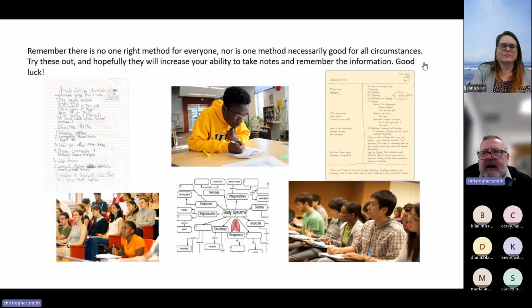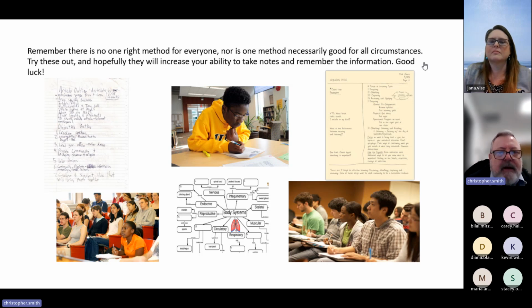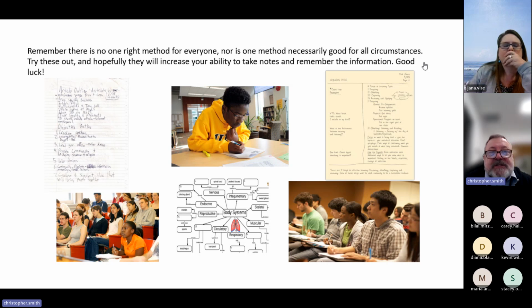Try the mind map making method on another day. Practice with the Cornell method. See how it's working for you and which method works best in a particular class to help you retain the information.